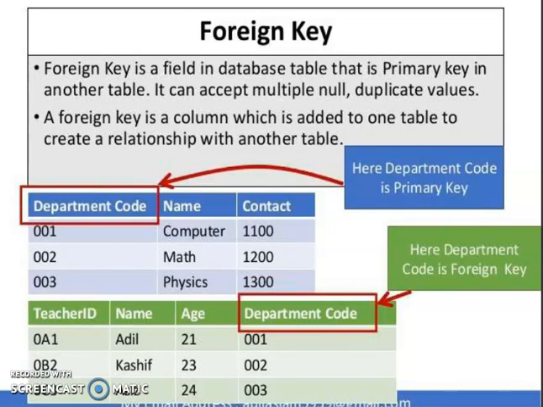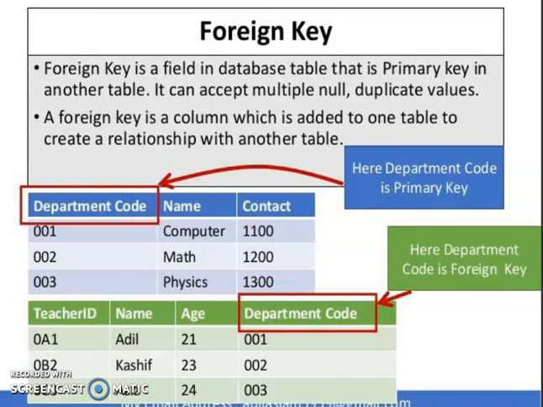So using this primary key, foreign key, candidate key, and composite key, the different tables are created in the relational database and connected with each other. That's how all the data are stored in table form and connected with each other.